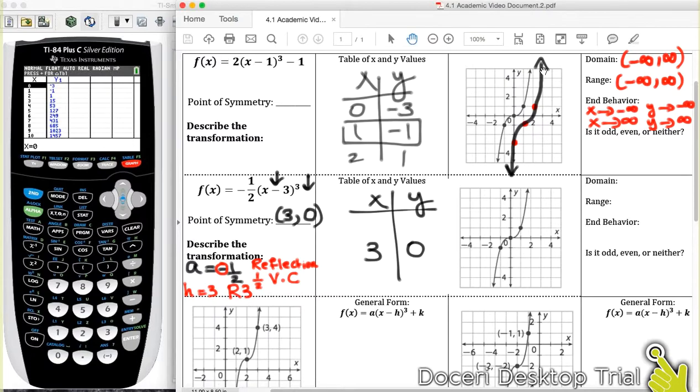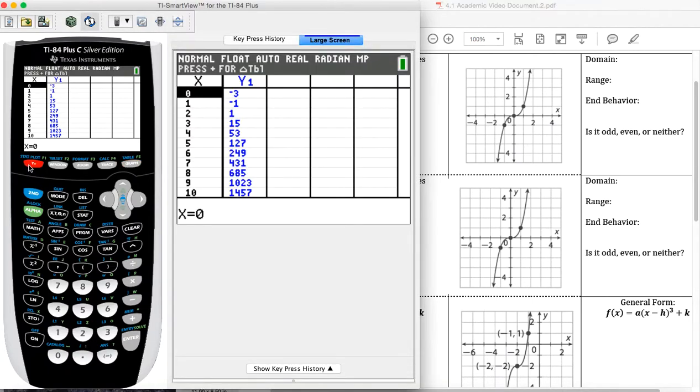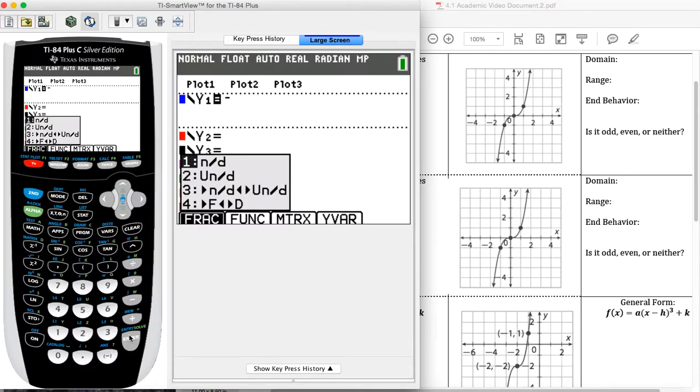So let's go ahead and plot or graph this. So I'm going to go to y equals, and I'm going to put my new equation, which is negative 1 over 2. Or you know what? You can actually put a fraction by clicking on alpha y equals, pressing enter.